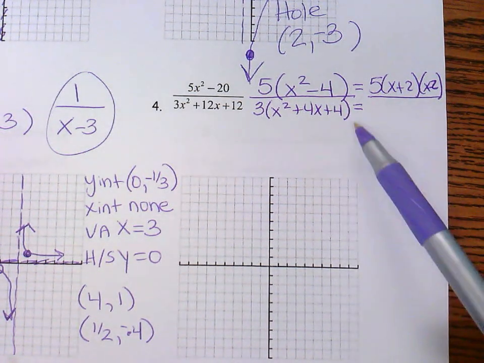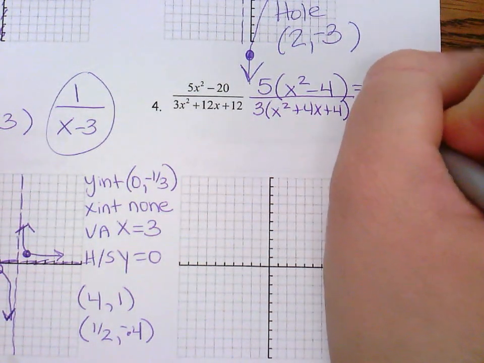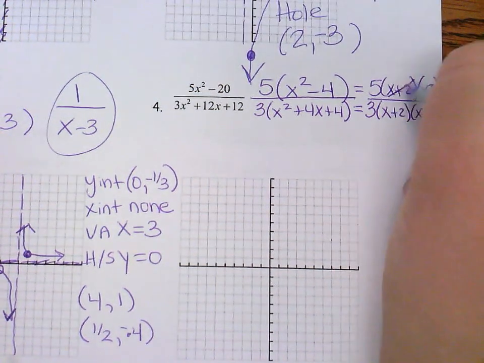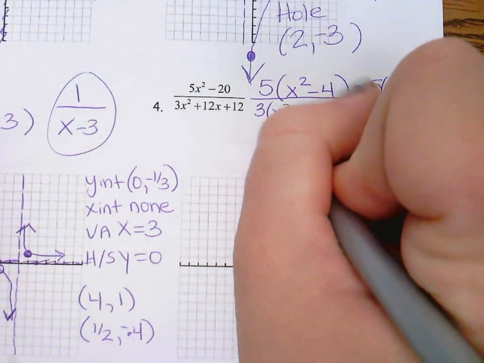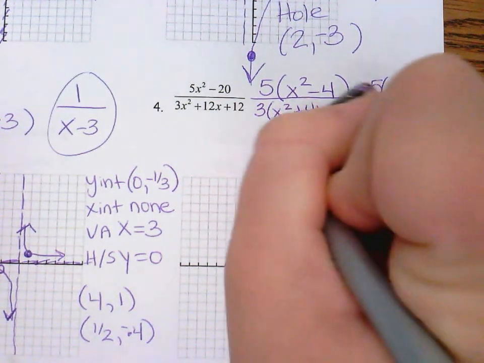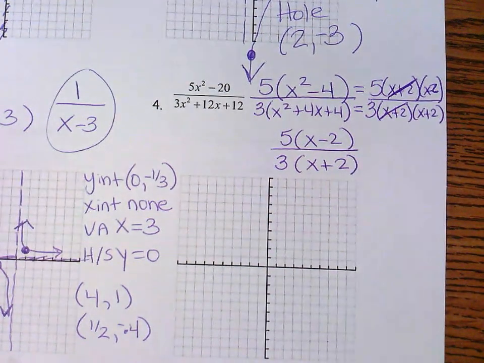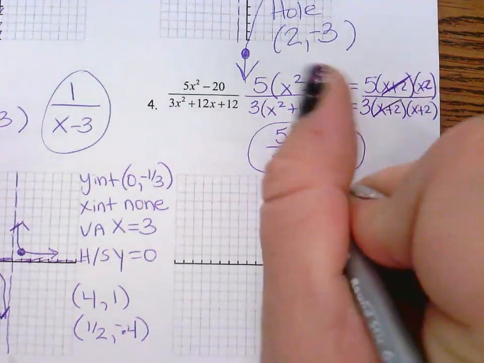So what are the factors of 4 that add up to 4? Yep, so 3, x plus 2, x plus 2. So one set of x plus 2 is going to cancel, right? So I have 5 times x minus 2 over 3 times x plus 2 that I'm going to answer all my questions about. Here's my winning reduced function.